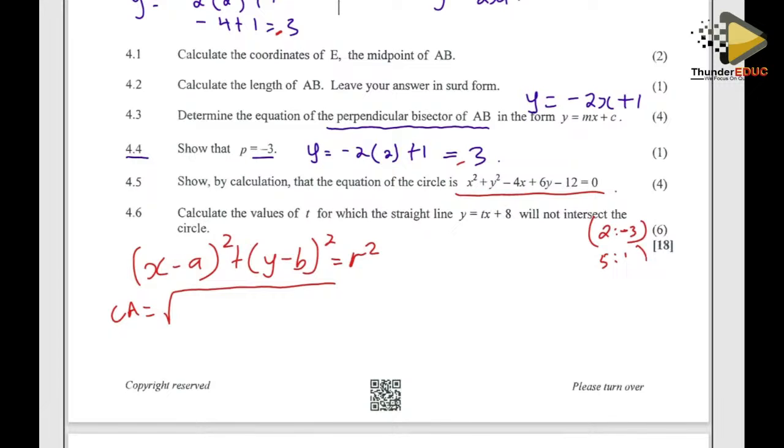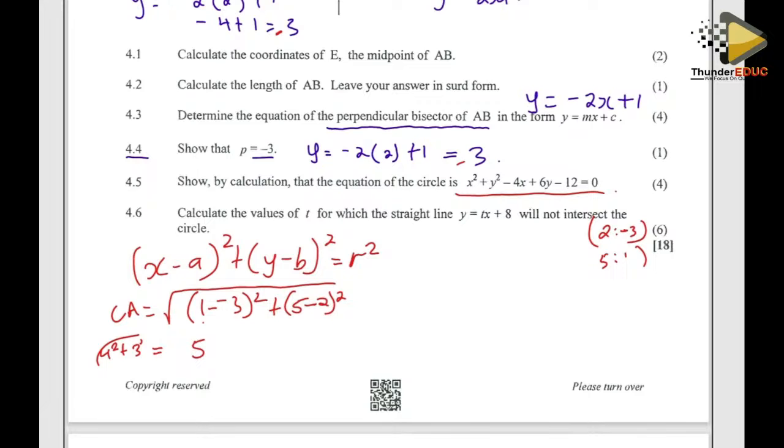Let's do the substitution. So it's going to be 1 minus -3 squared plus 5 minus 2 squared. Okay, when I punch that into the calculator, why must I find CA? I can get 5. Because this is going to be 4 squared. This is going to be 3 squared.